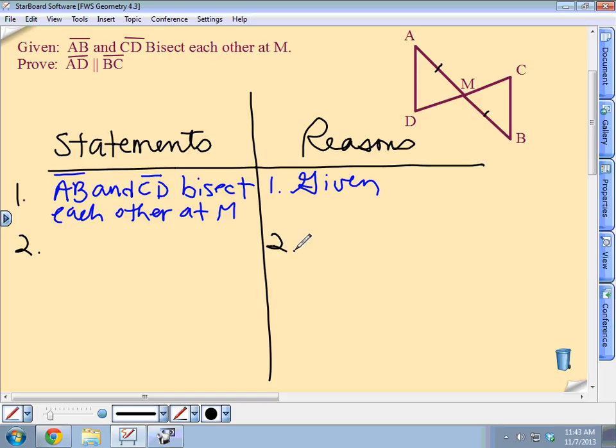AM is congruent to BM, and that's because of what? Definition of a midpoint.